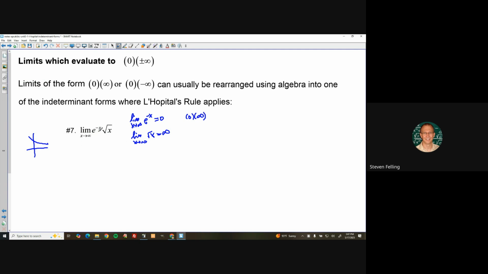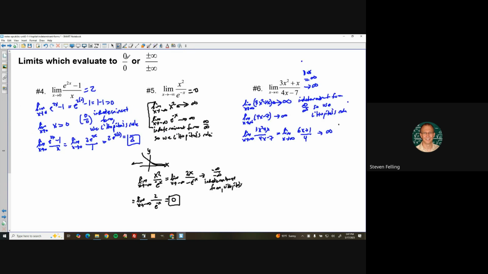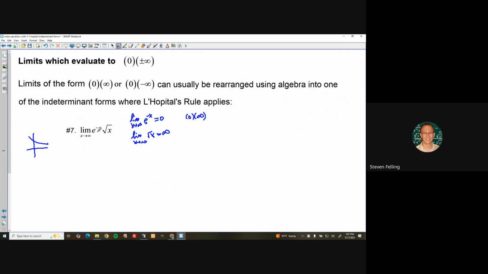So to try to get it into one of the official indeterminate forms, where it has to be in the form of a fraction, either 0 over 0 or infinity over infinity, what we can do is maybe move this to the bottom side of the fraction and write this over again as a fraction. So I'm going to assert that this limit is equal to this limit, where I've got the square root of x over e to the positive x. So moving this to the other side of a fraction makes that there.